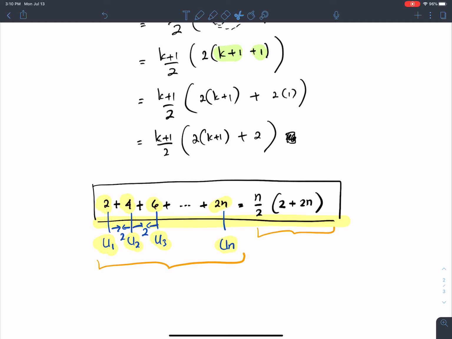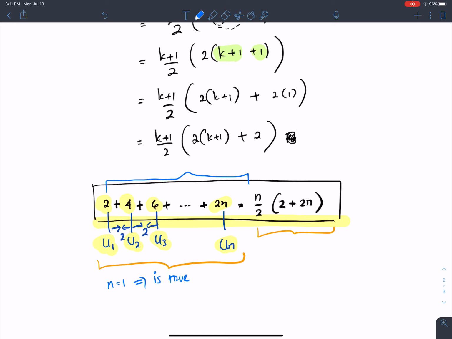So we would like to prove that this model is true. First, we already said that the model for n equal to 1 is true.